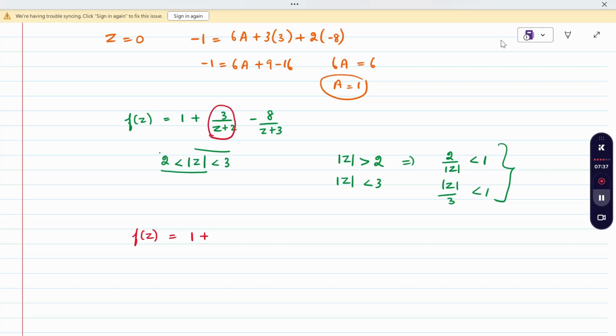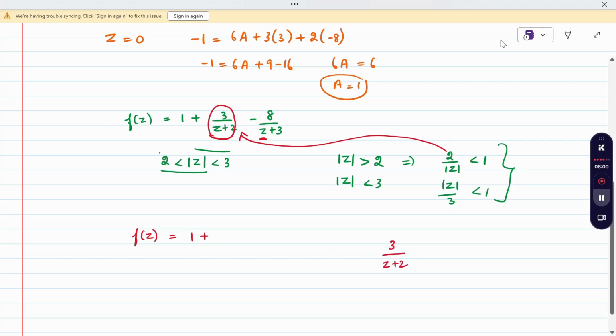Now this is our given function. In this, 3 by 2, 3 by 3, how I have to write? This I have to write in terms of z by 3. Yes, I'm able to write. This term you check, I have to apply this in this. How I have to write 3 divided by z plus 2?